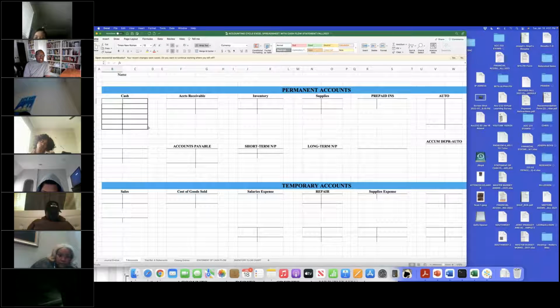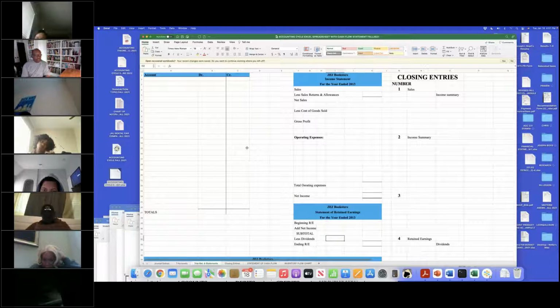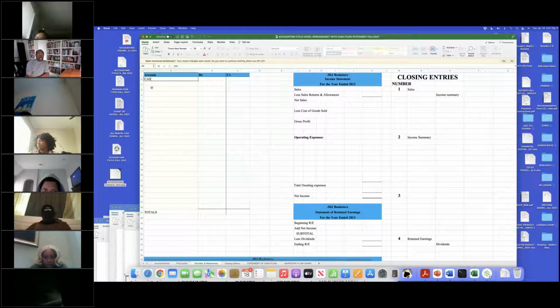So we post all those transactions, we utilize our little posting references, and then we prepare a trial balance. The trial balance will start off with assets in the same order as the chart of accounts. So the first item on there is going to be cash. This is going to come just like that chart of accounts.